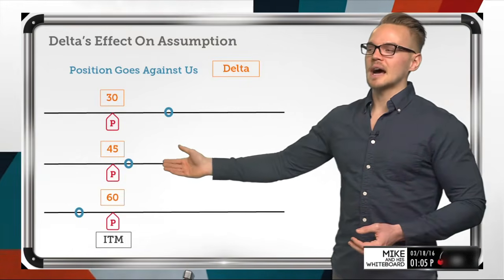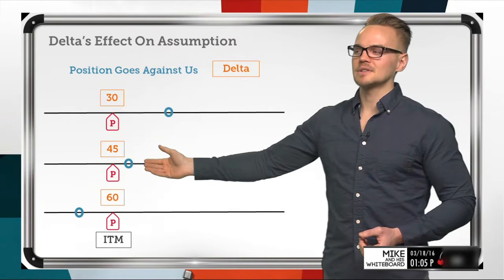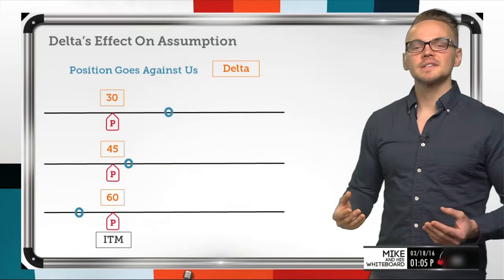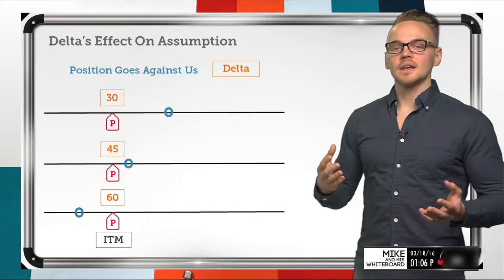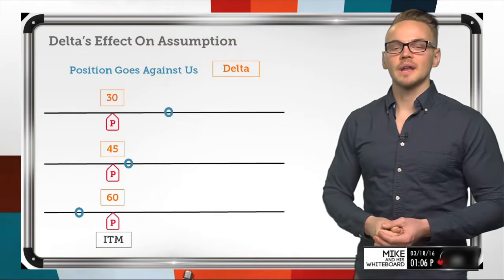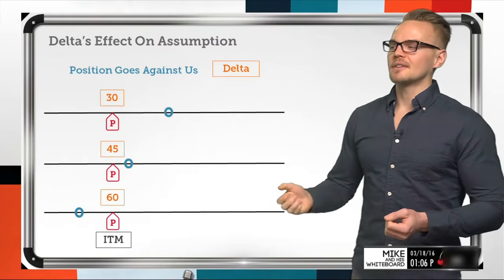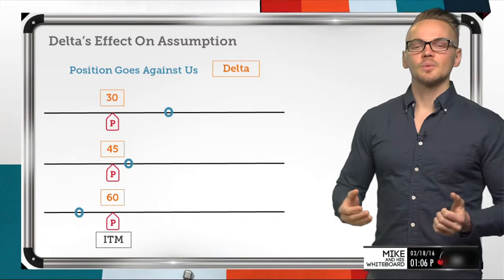When you look at the at-the-money option on any option chain, so let's say the stock was right on that option, you're going to see it have a delta of about 50. And that means that instead of buying the shares outright, where you would have a delta of 100 because you actually control those shares, if I were to sell a put right at the money, I would have a delta of 50. So what does that mean?